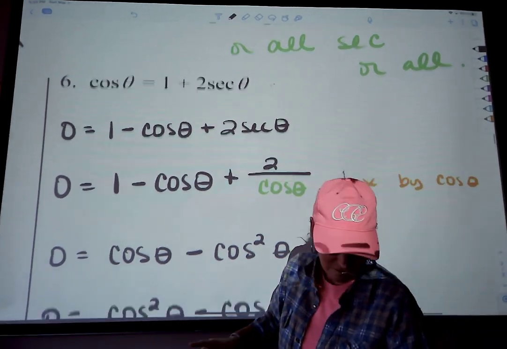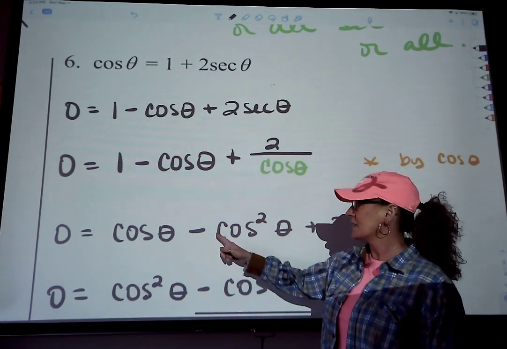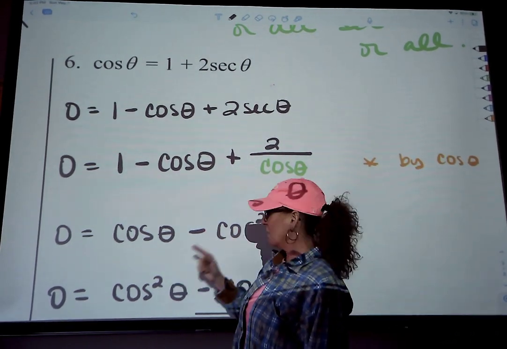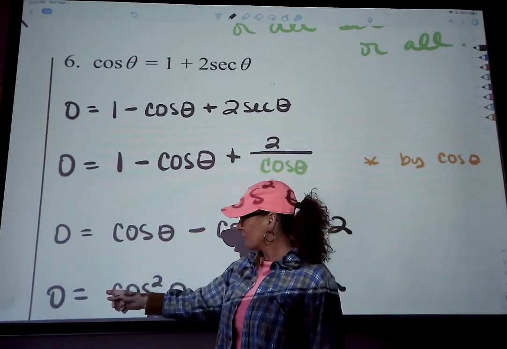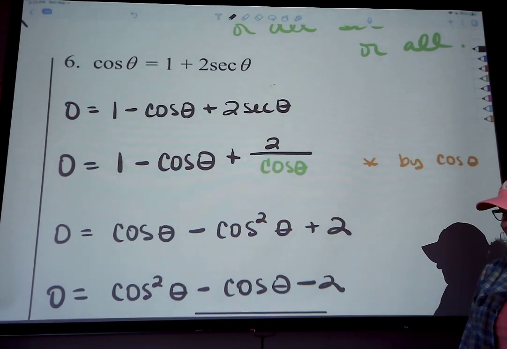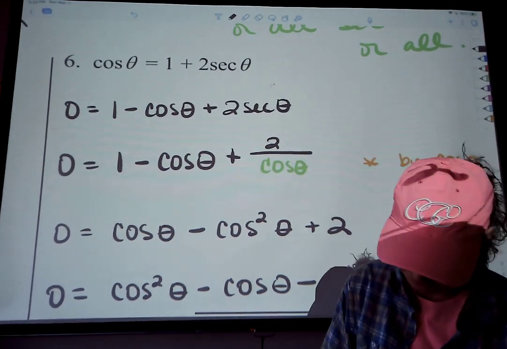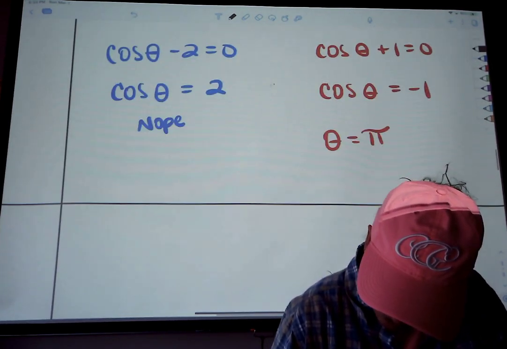And I'm going to multiply everything by -1. I do not want my leading coefficient to be negative. Don't like it. So I'm going to multiply that by -1, multiply that by -1, multiply that by -1. And then it factors, and I can solve.